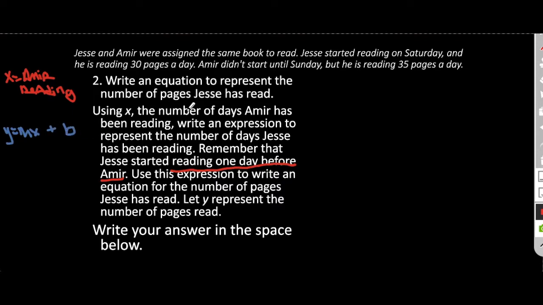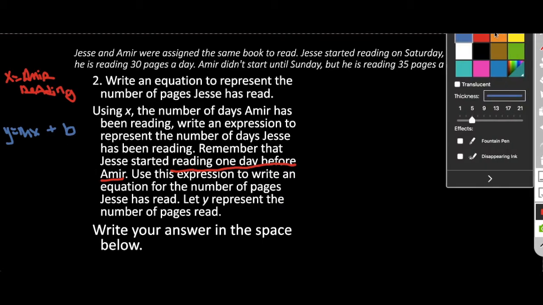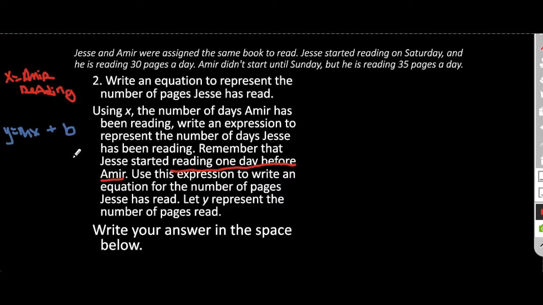Remember, b is like our starting point, or like our y-intercept. Since Jesse started one day before Amir, this number is going to be 1. So the expression to represent the number of days Jesse's read is x plus 1.